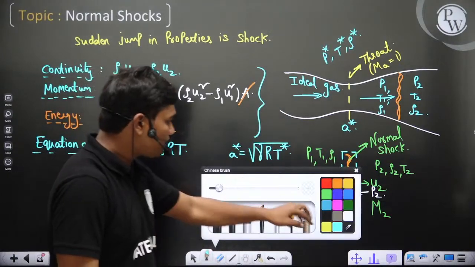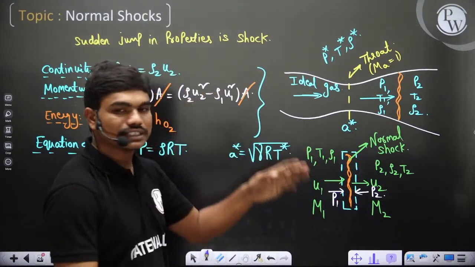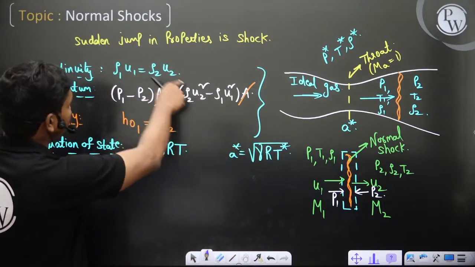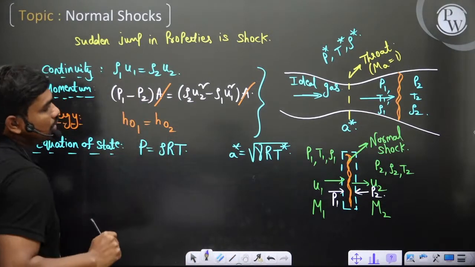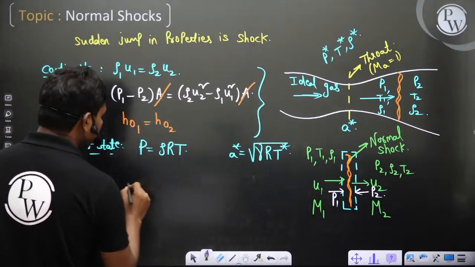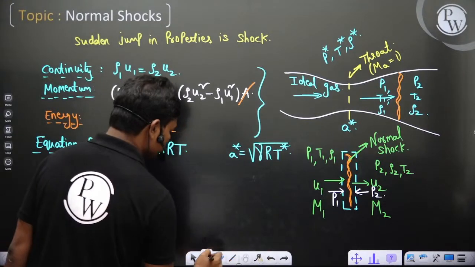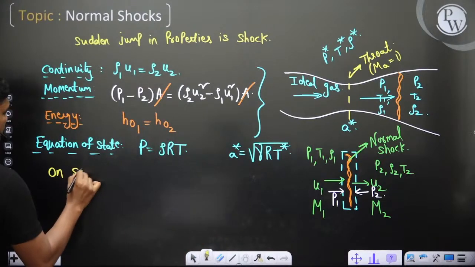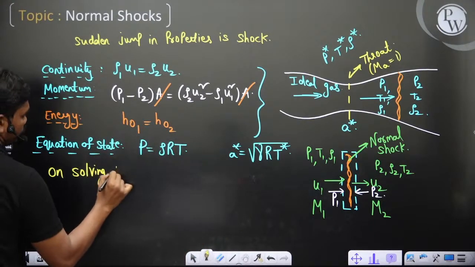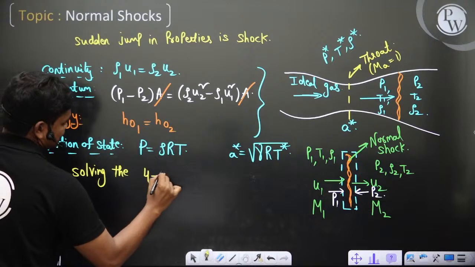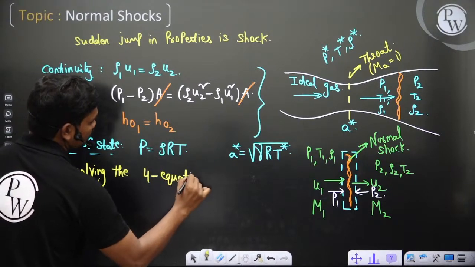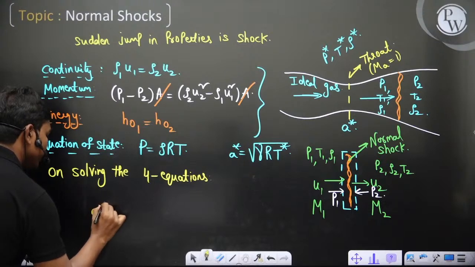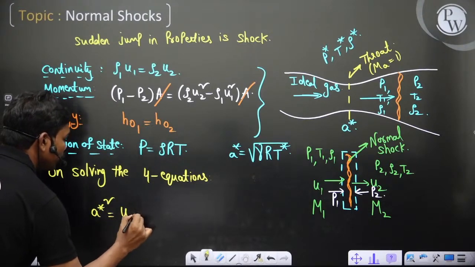And if you do a bit of analysis using these 4 unknowns and 4 equations, solving them by eliminating the pressures with the help of the equation of state, on solving the 4 equations what you will get is that A star square will be the product of U1 and U2.